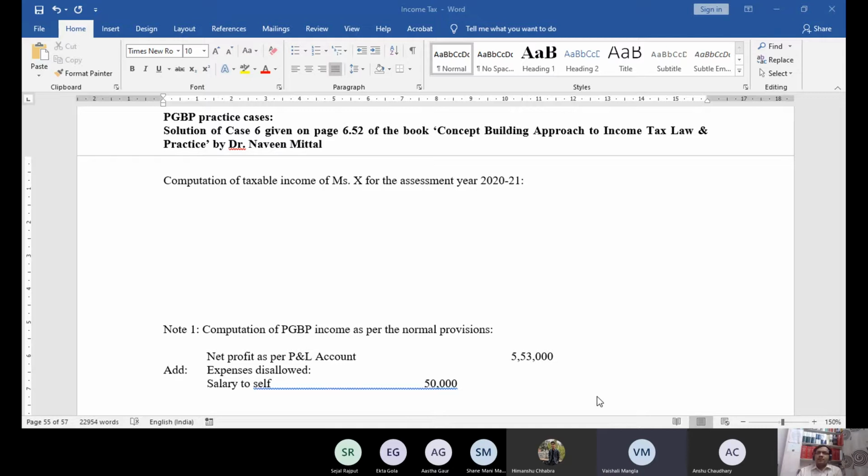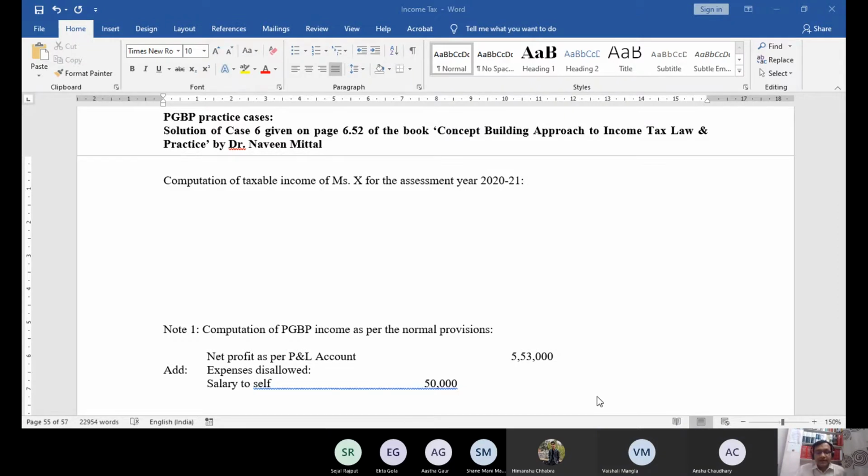So since it's not paid in previous year 1920, it will not be allowed in this year and will be allowed in the next year when it is paid. No. Since it is neither paid in 1920, that is till 31st March 20, nor till 31st July 20, that is why it is not allowed in 1920. Clear? Yes. Got it, sir.